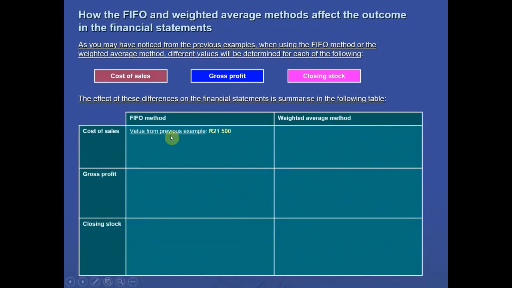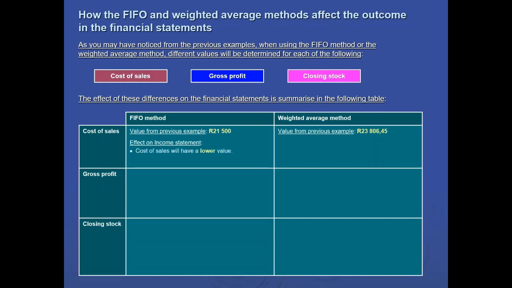So when it comes to cost of sales, the value that we got for the first in first out method was 21,500, whereas for the weighted average method we obtained 23,806 rand and 45 cents. So what is the effect on the income statement?